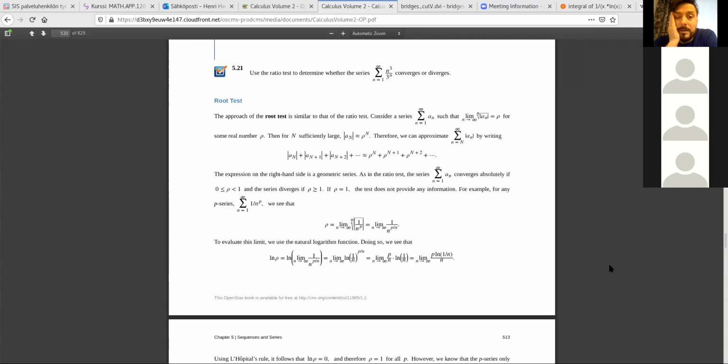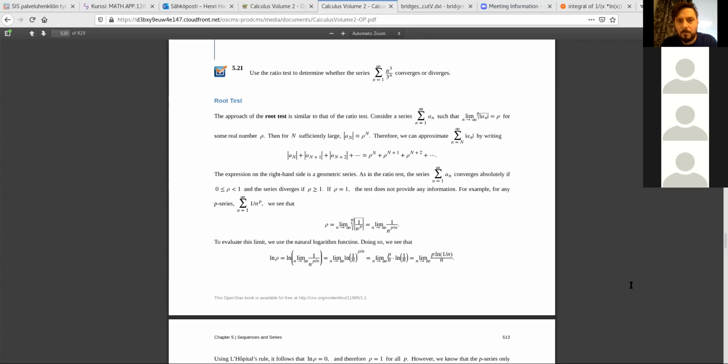If we have a limit there, then it means that for sufficiently large n, the nth term will be roughly equal to this root limit to the power of capital N. I'm using p here.